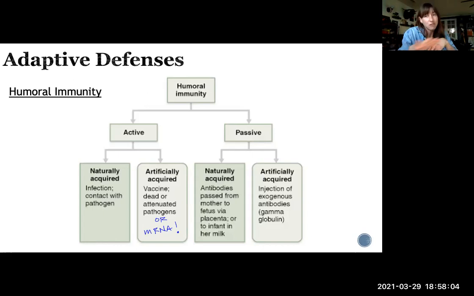It doesn't insert itself into your DNA. It does what every other messenger RNA that your nuclei produce does, which is find a ribosome and be translated into a protein. So your cells take this little messenger RNA just like it came from their own nucleus, which it didn't. It came from the vaccine.